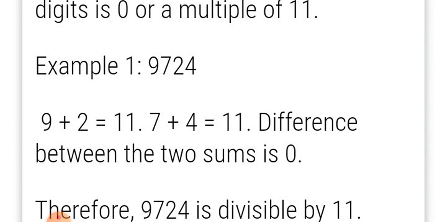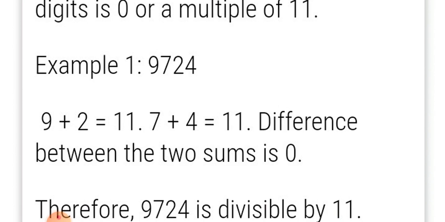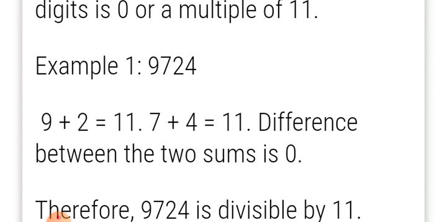Those are the alternate places. So 9 and 2, you add 9 and 2. Then the other alternate places are 7 and 4, the numbers we already skipped, you add together. Okay, so you will get an answer.